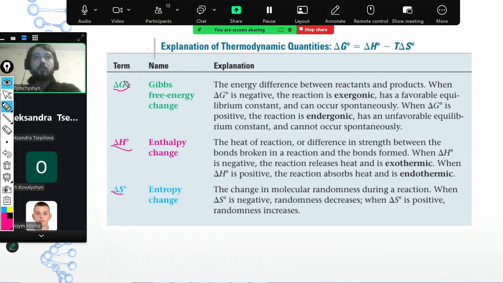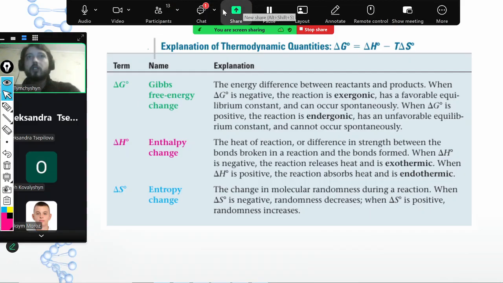I remind you that all these things, G, H, and S, are all state variables. So why are we interested in some sort of differences?